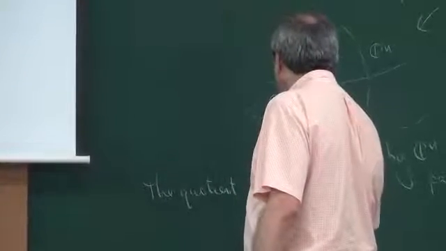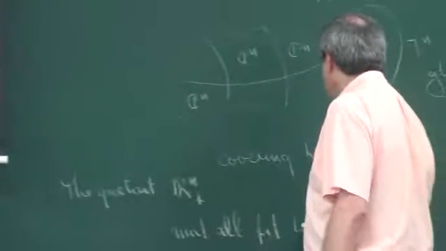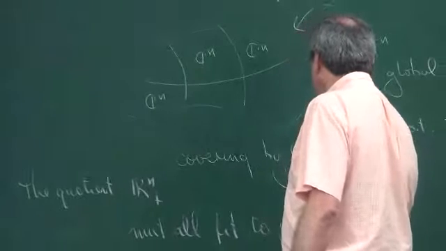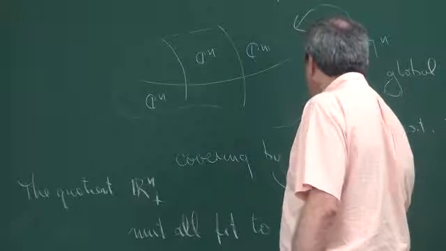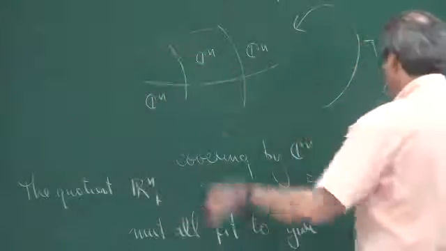The quotient must all fit together to give a simple polytope, which in the neighborhood of each vertex looks like Rn plus.